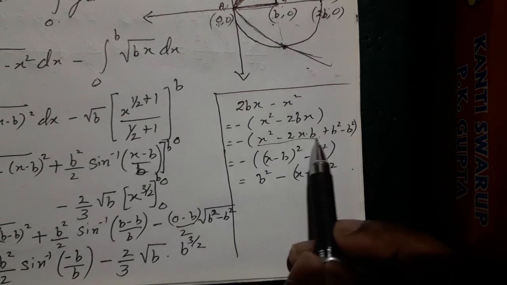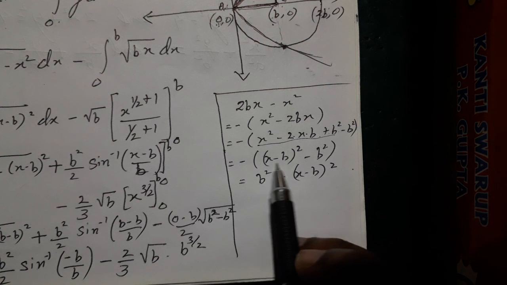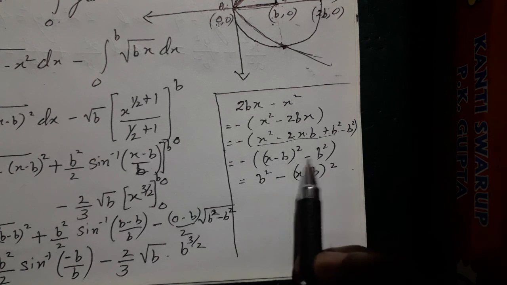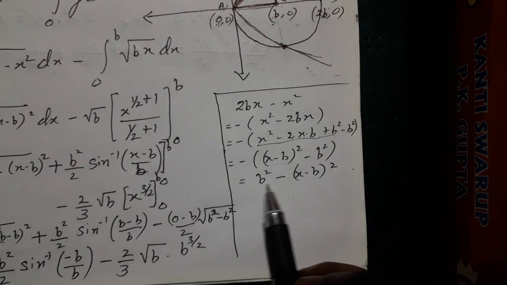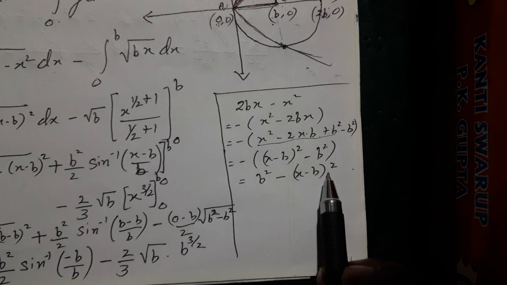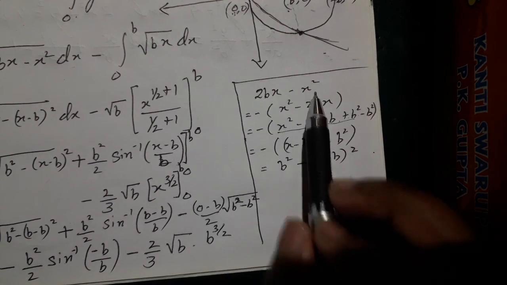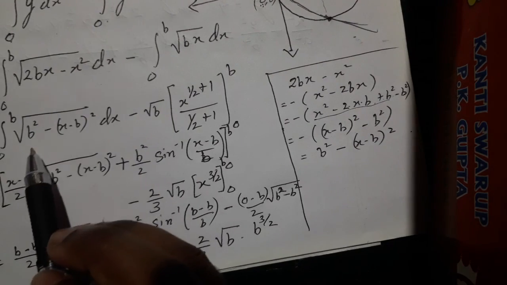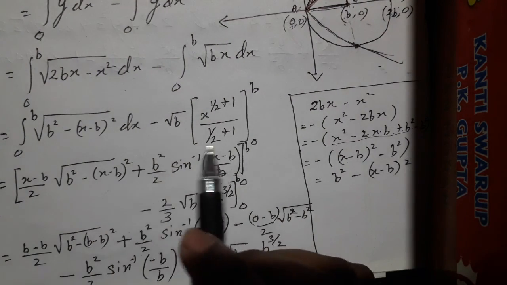So this part is x minus b whole squared, and we get x minus b whole squared minus b squared. Multiplying by the minus inside, we get b squared minus x minus b whole squared. Now in place of 2bx minus x squared, I can write this, so we have the integral of b squared minus x minus b whole squared dx.